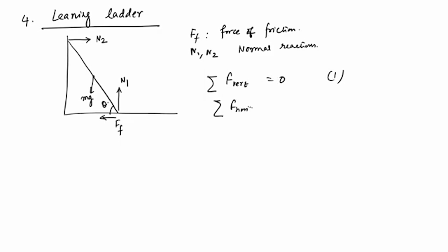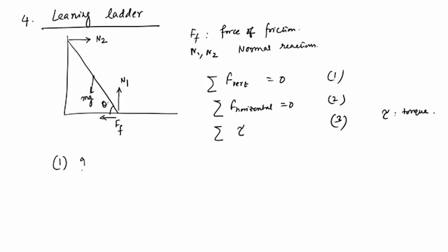The sum of the horizontal forces should also vanish if it is in equilibrium, and there should be no net torque, where tau is torque. If it is stationary, then the sum of the torques is 0.